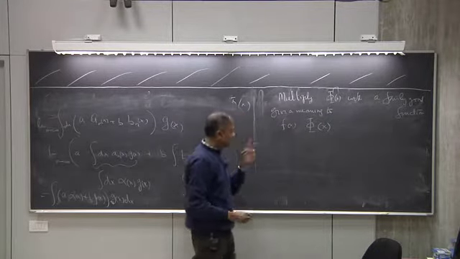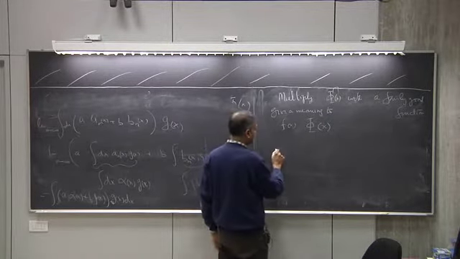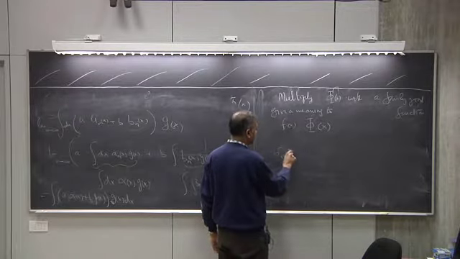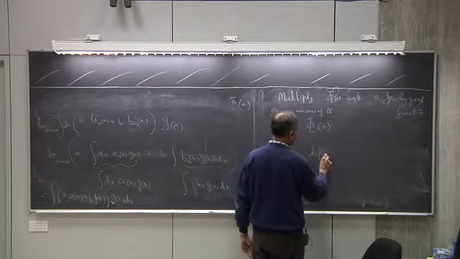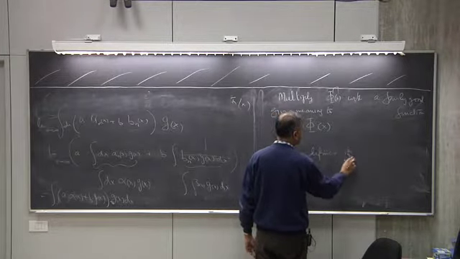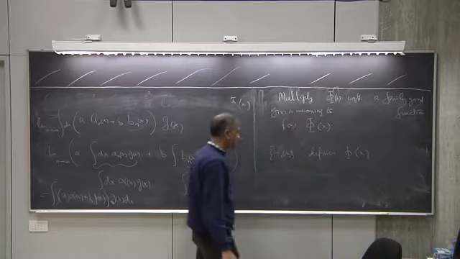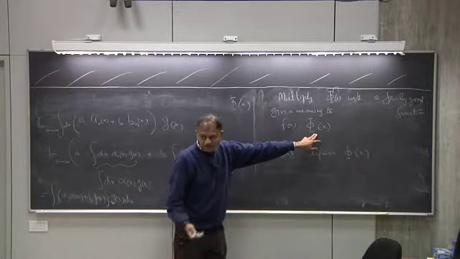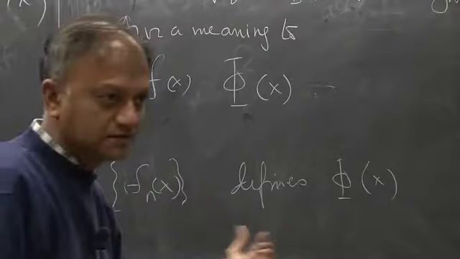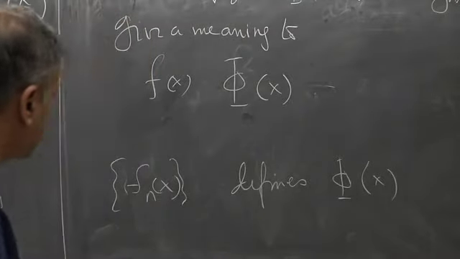So once again, let's suppose that f_n(x) is a sequence which defines the generalized function φ(x). The fact that I'm talking about a generalized function means that there is a sequence which defines it. So I take this sequence to be f_n(x).